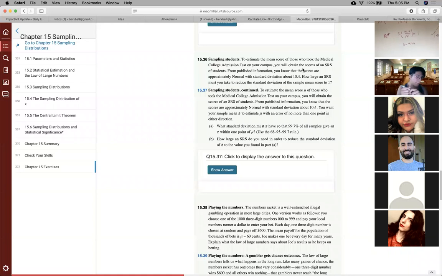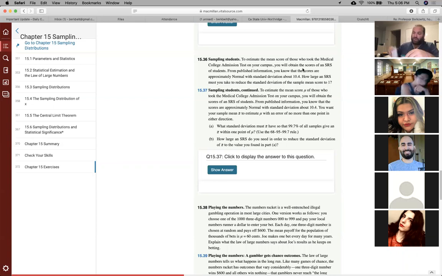So, the square root of n equals 31.2. If you do the math, you get the square root of n equals 31.2. And then if you square both sides, you get n equals 973.44.